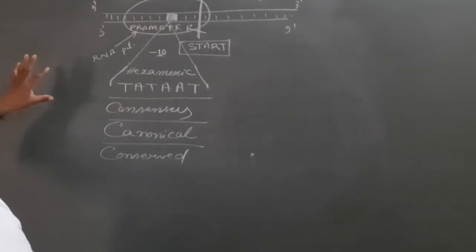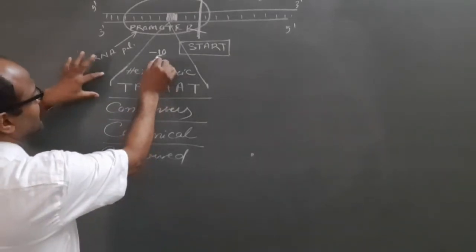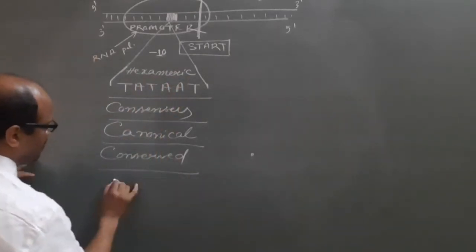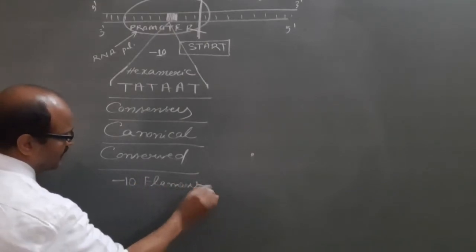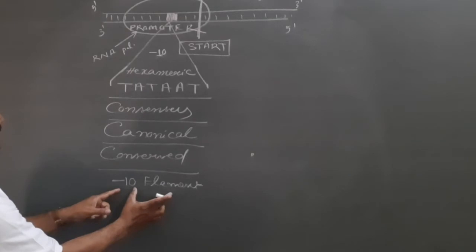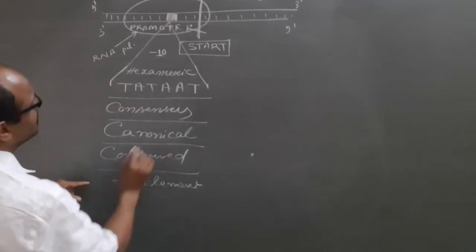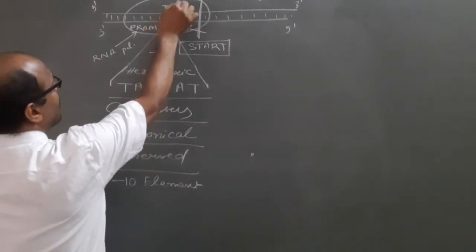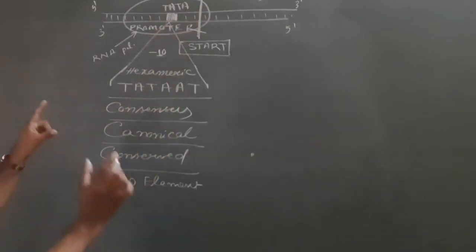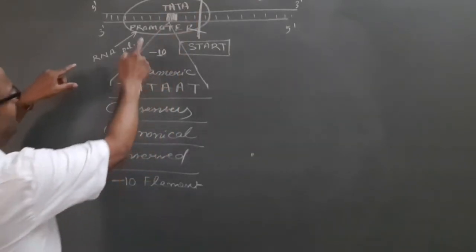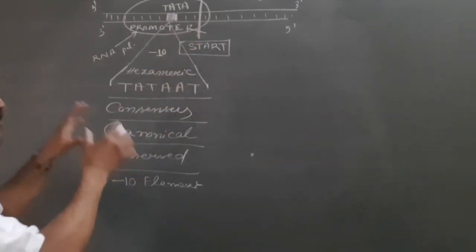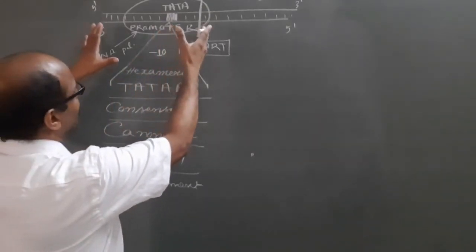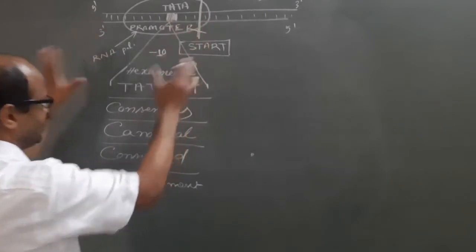That's why this region is known as the -10 element. This is the TATA box, the core part of the promoter, which is recognized by the RNA polymerase enzyme.